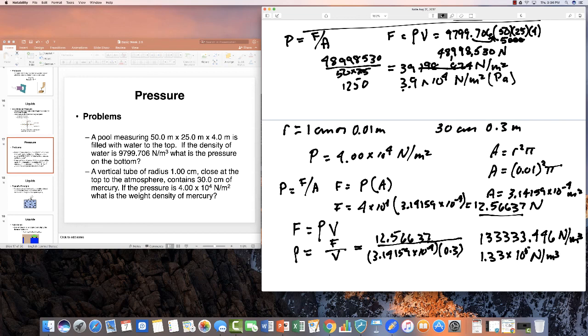Now remember, water was almost 10,000. And so this is not outrageous when you consider that mercury is about 13 times as dense as water. So that's the weight density of mercury right there.